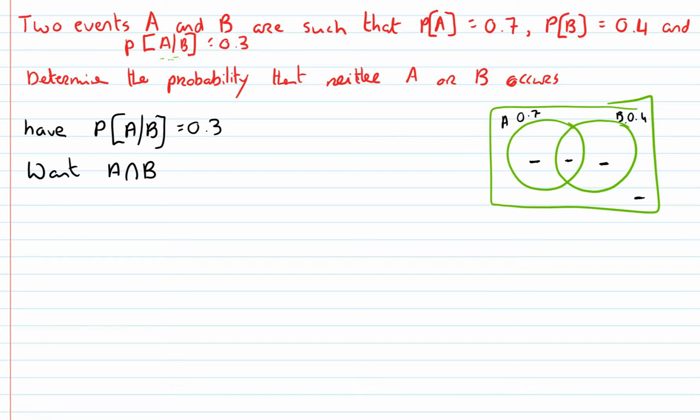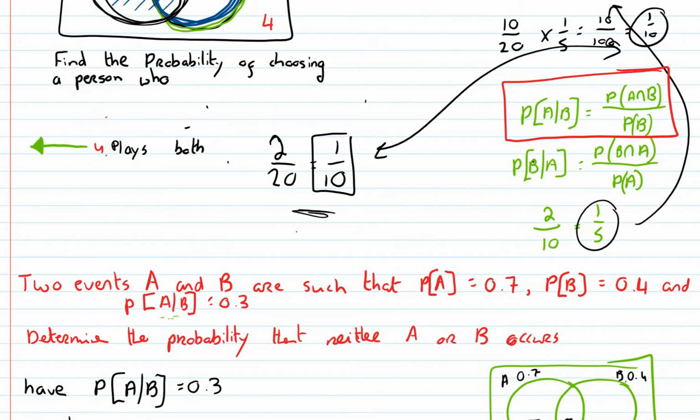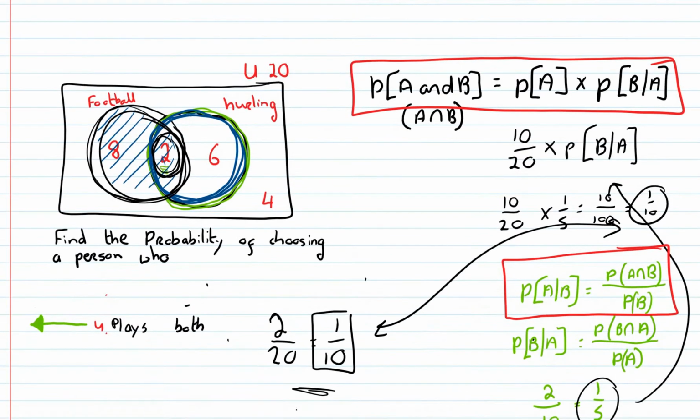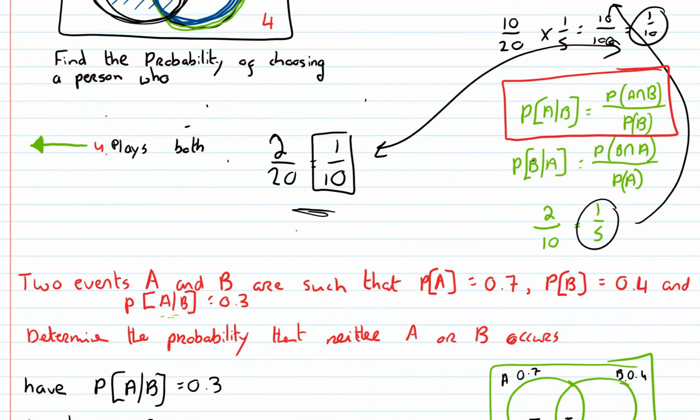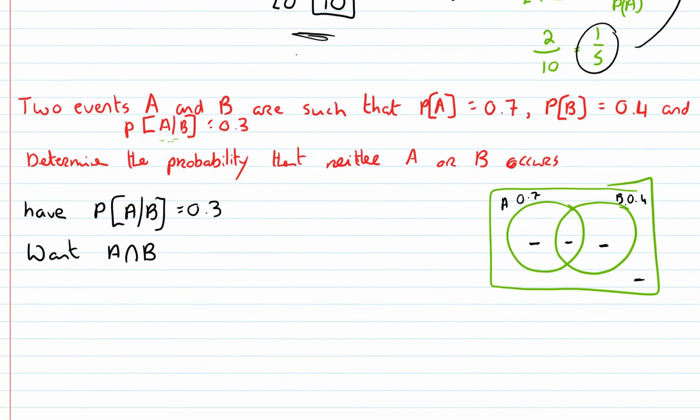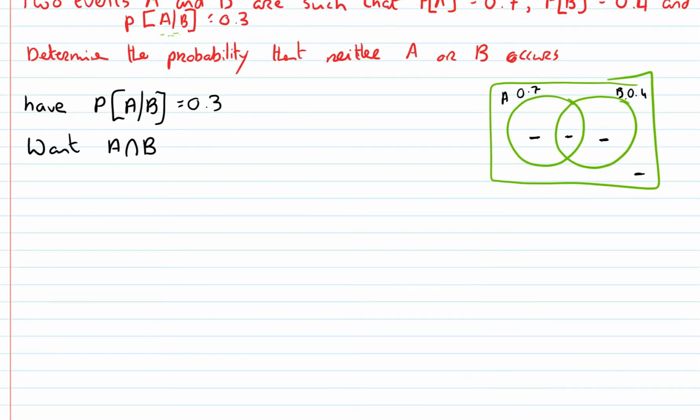Not quite, but if we look back to this formula, here's the A intersection B. I don't have that, but I do have this, and I do have this. So if I have two things in an equation, I can find the third. So let's set this up.